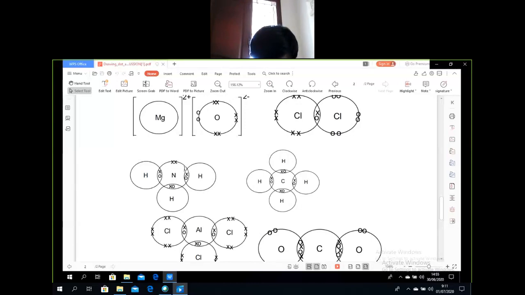VSEPR is valence shell electron pair repulsion, and in this one 3 bond pairs and 1 lone pair. What is the angle and what is the shape?